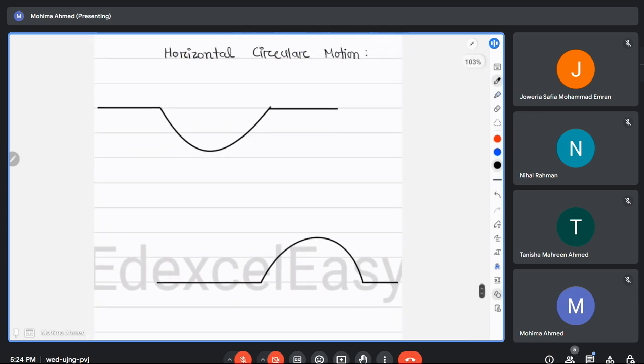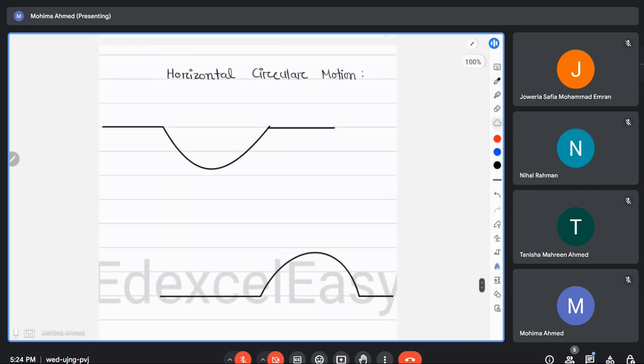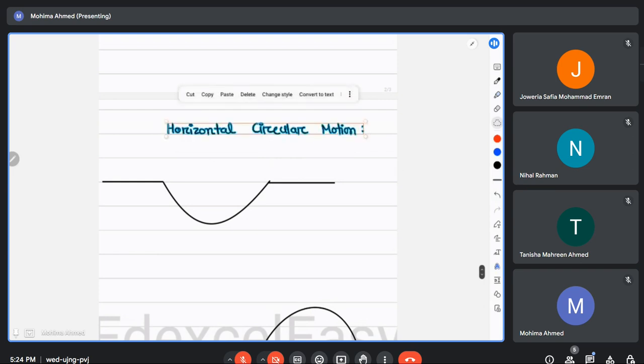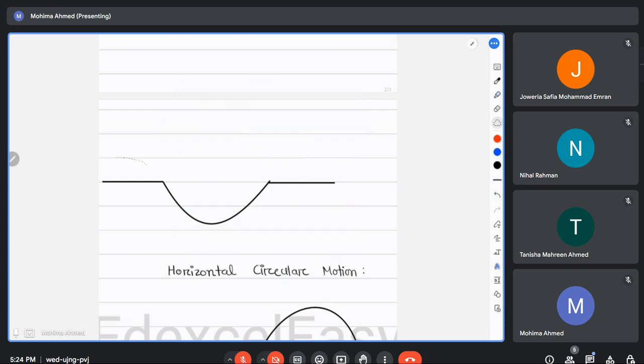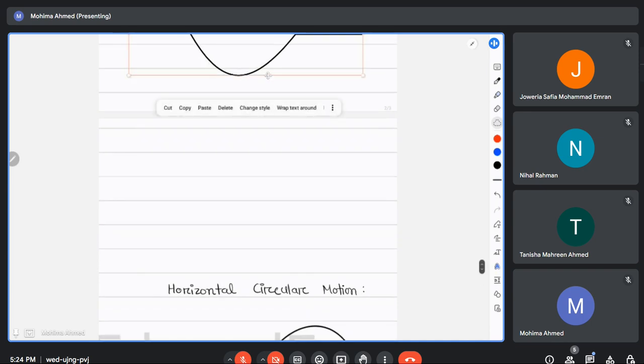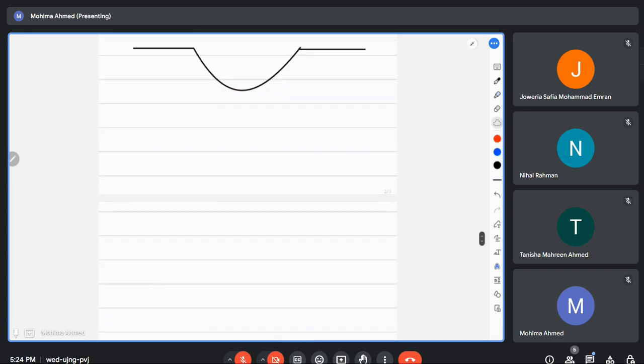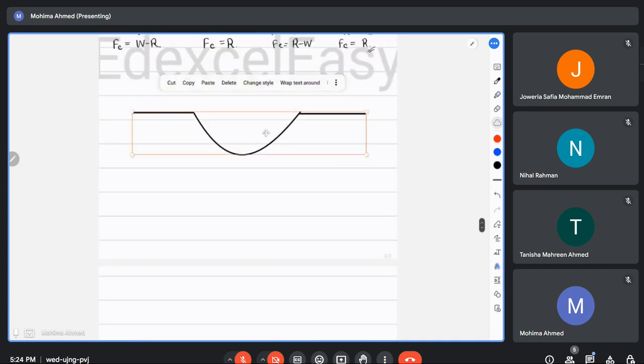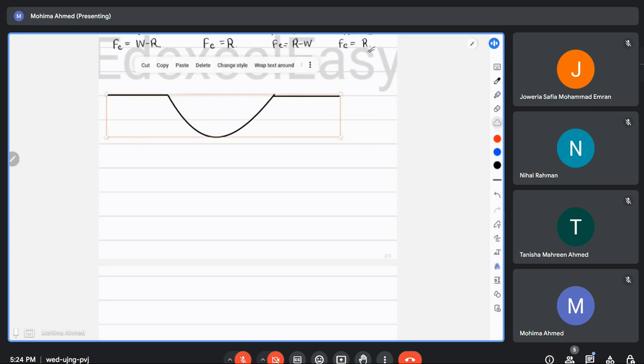This is not actually entirely on a vertical plane, sorry. I'll explain this, but these are again in horizontal motion. So I'll write these things in that diagram under that heading.